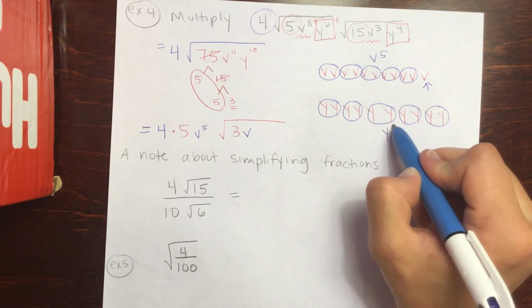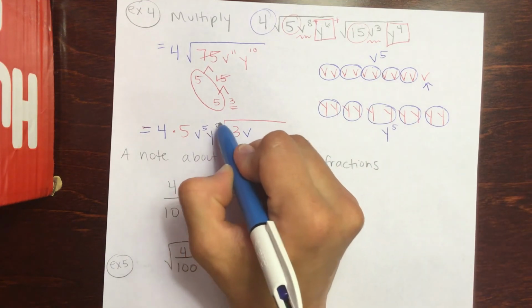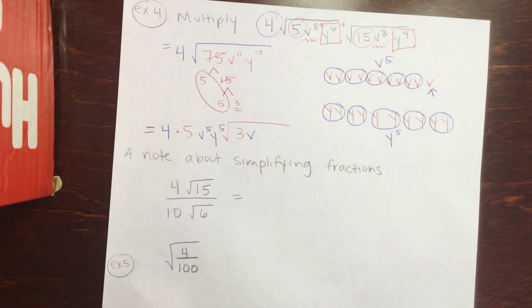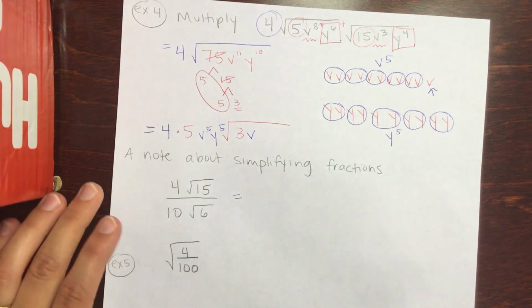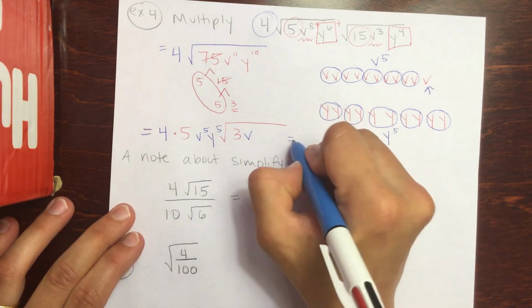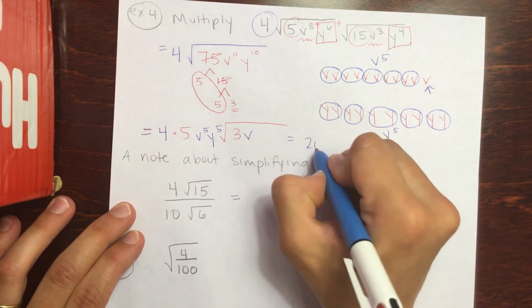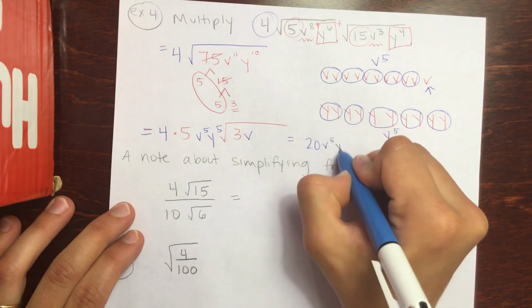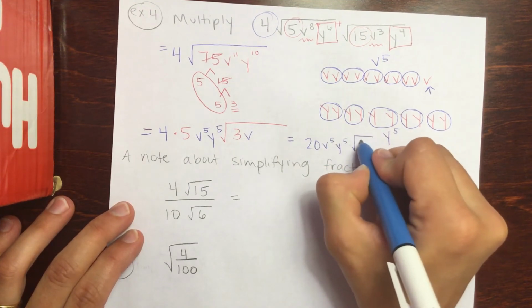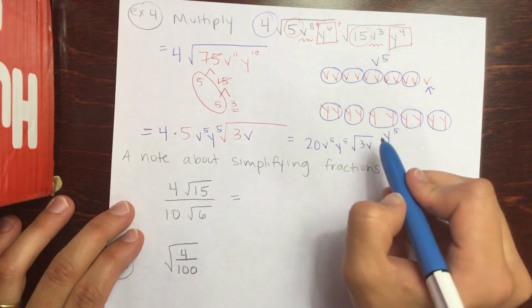So again, we have y to the 5th power comes out, and there's nothing left underneath. My final answer here, 4 times 5 is 20, v to the 5th power, y to the 5th power, square root of 3v.